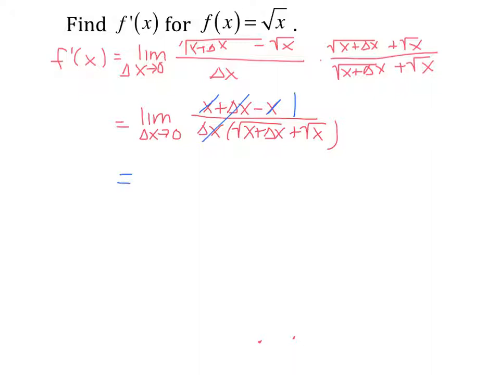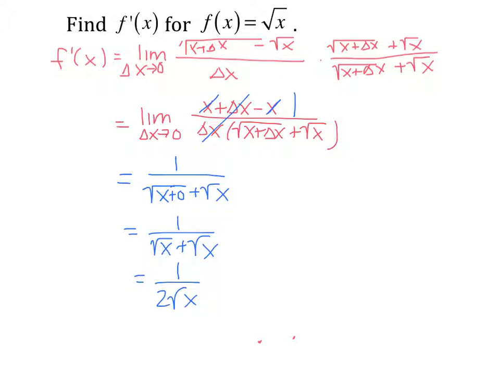Now, using direct substitution, we get 1 over root x plus 0 plus root x. That is the same thing as 1 over root x plus root x, which is 1 over 2 root x. So the derivative of this function is 1 over 2 root x, and that is the end of that.